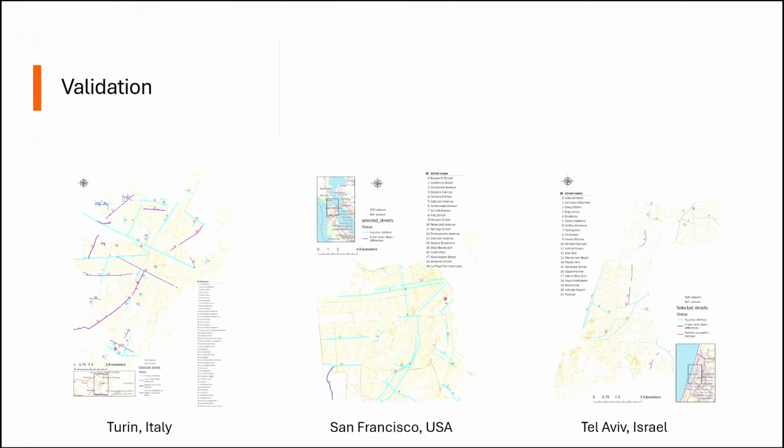For San Francisco and Tel Aviv, 90% of the streets were connected and aggregated as we expected, and the rest ranged from minor changes that should be done to bigger failures, let's call it that way. In Turin, because it has a more complex layout, the success rate is about 80%.